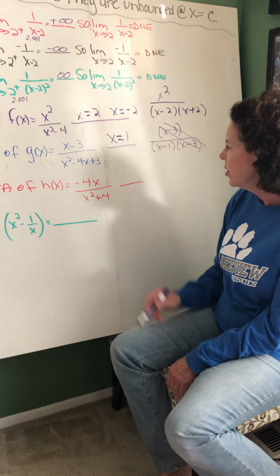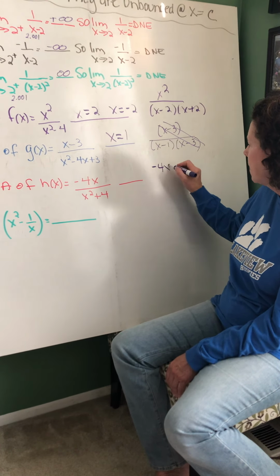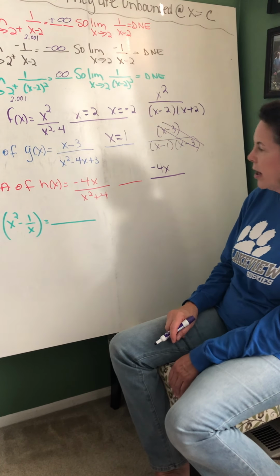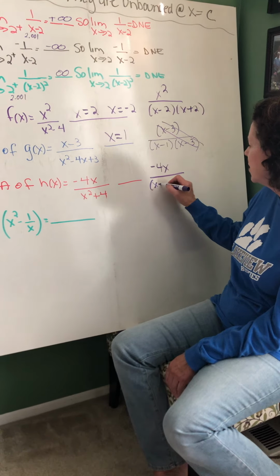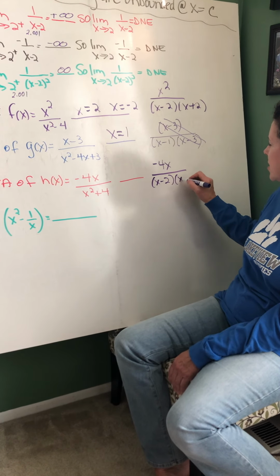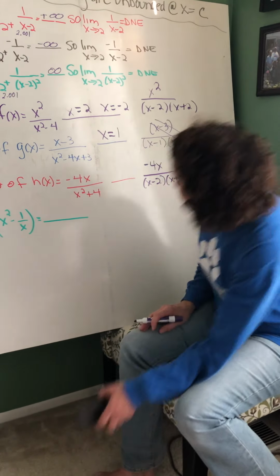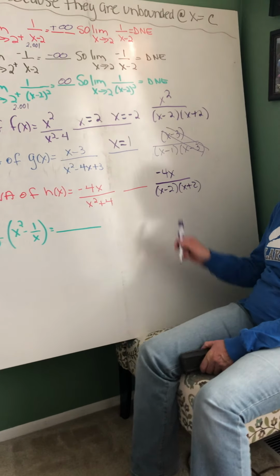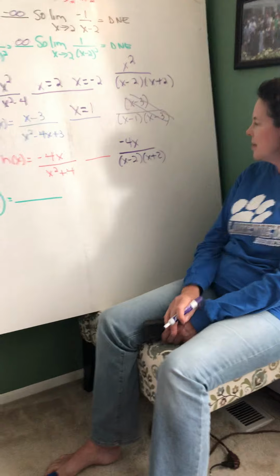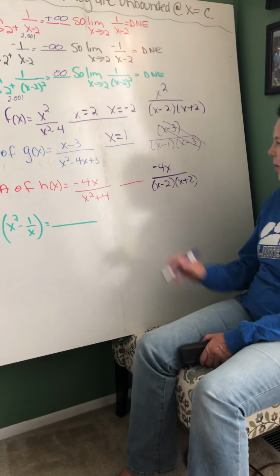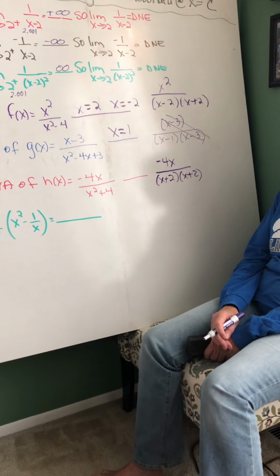Let's take a look here. Negative 4x. And let's go ahead and factor the denominator. x squared plus 4. That must be x minus 2, x plus 2. Well, that can't be right. When I multiply a negative 2 times a positive 2, I get a negative 4. Okay, well, they must both be positive then.